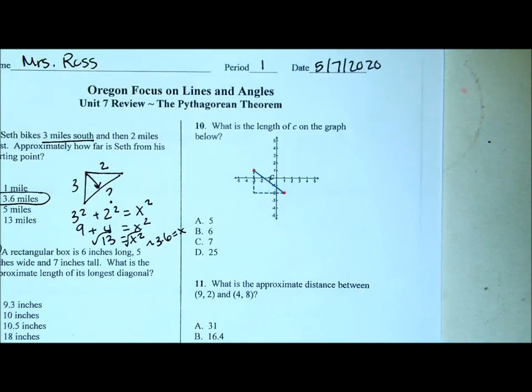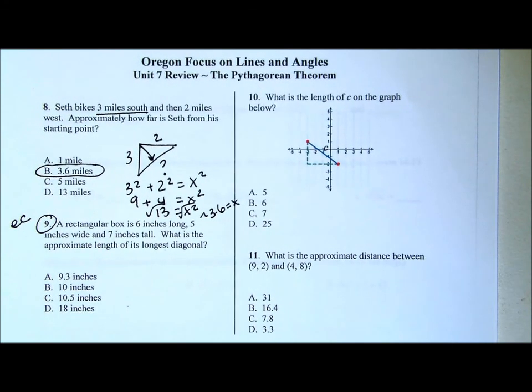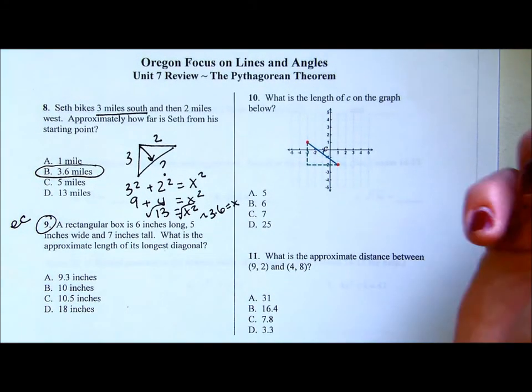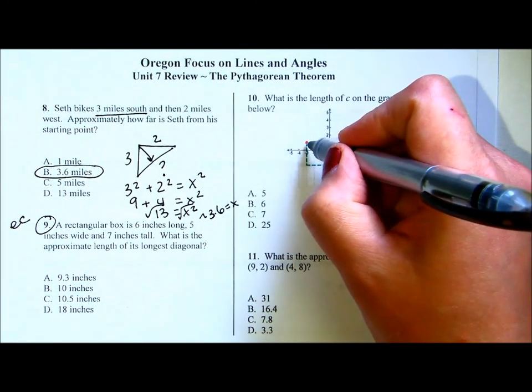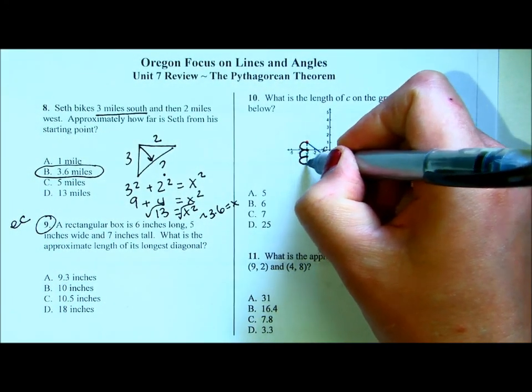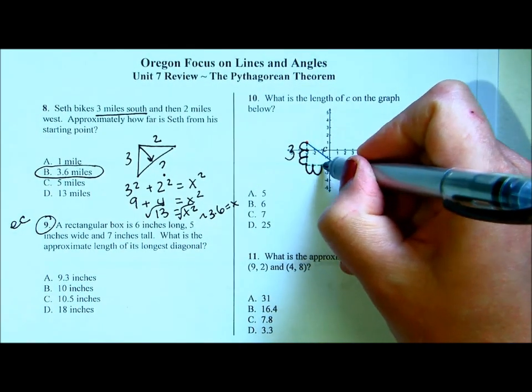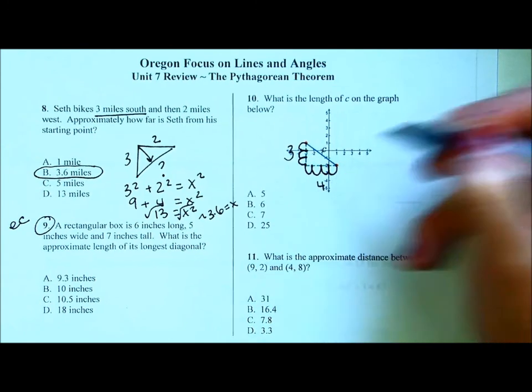Next, number 10 says, what is the length of C on the graph below? Well, let's start out by figuring out how high we are. So we go down 1, 2, 3 here, and we go over 1, 2, 3, 4 there.